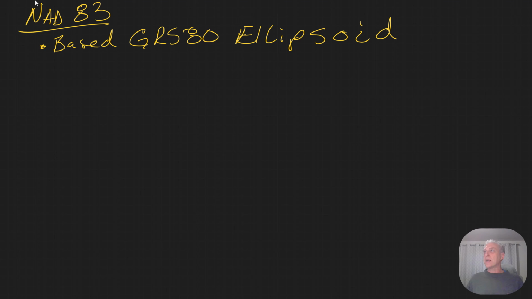And unlike NAD27, the GRS80 and NAD83 were developed to be a global fit. So remember, NAD27 was a surface-based model from empirical data and was designed to fit North America, just a portion of the globe. NAD83 is designed to best fit an entire global area. So it's a global fit.